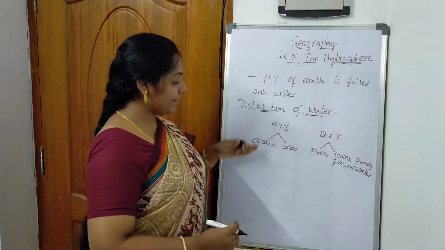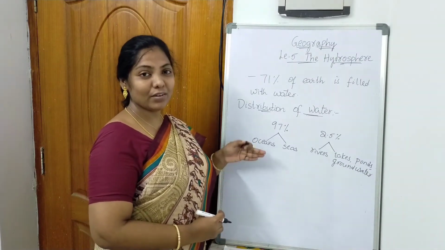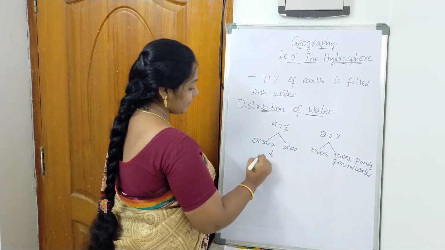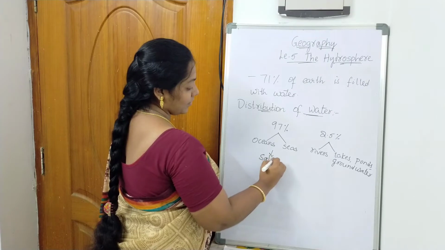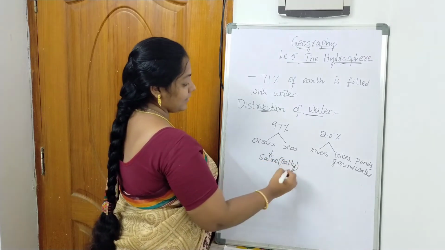So 97% of water is there in oceans and seas. And do you know how the water will be there? It will be saline, means the water there will be salty.